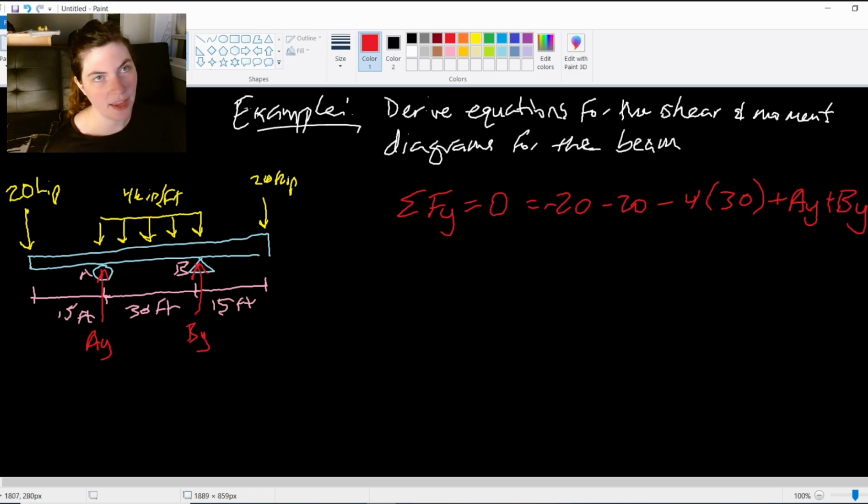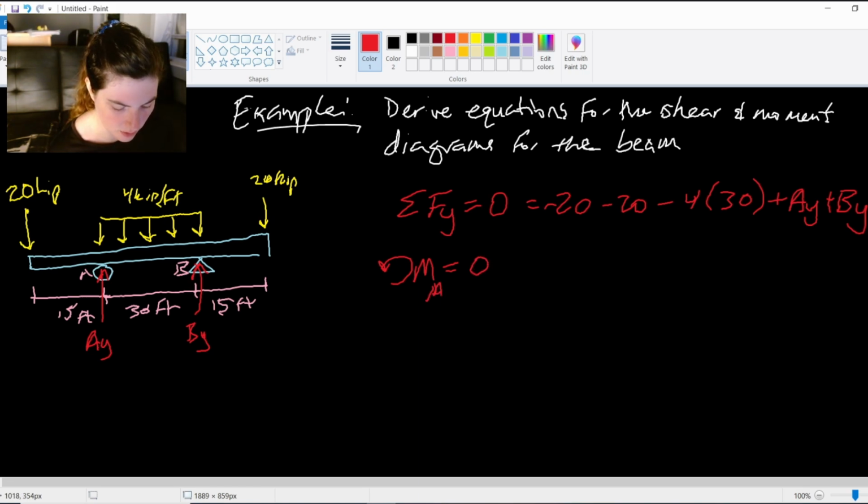See, this is why I never do the y forces first, because I have to do my moment equation anyways before I can solve anything in this y force equation. So take my moment. You can do it about any point, but I think I will take a moment about A. I just like taking moments about A.